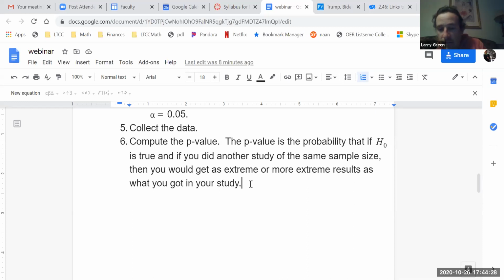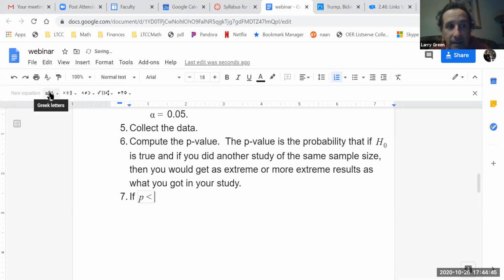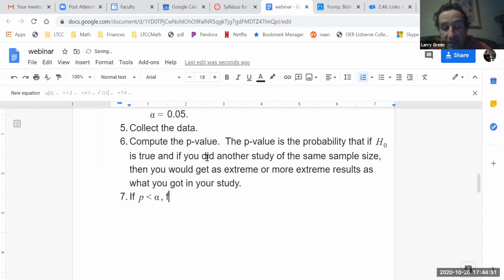Any questions on kind of number 6, the whole hypothesis testing? Okay, number 7: if p is less than alpha, fail to reject the null hypothesis. There is not enough evidence.